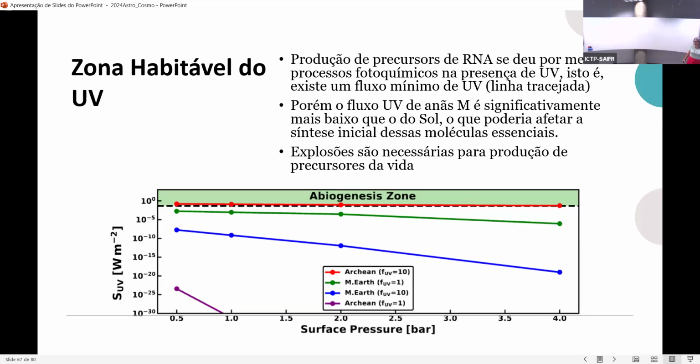It has much less ultraviolet flux than what the sun has or had in the beginning. So some flares were necessary in this case to get the kickoff to start building the building blocks of the precursor of the RNA.